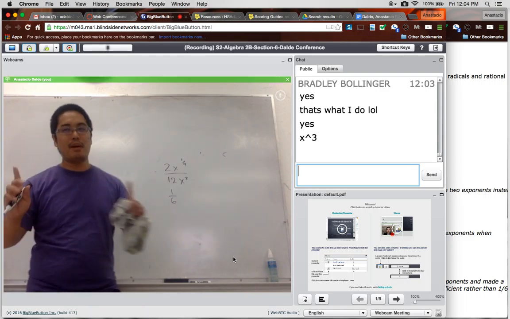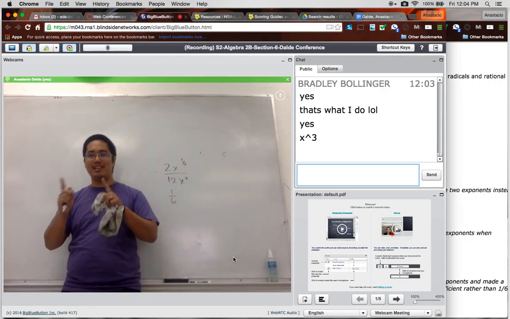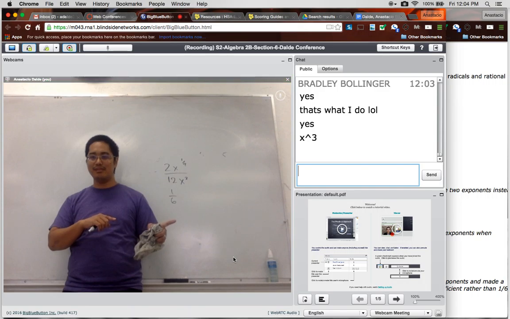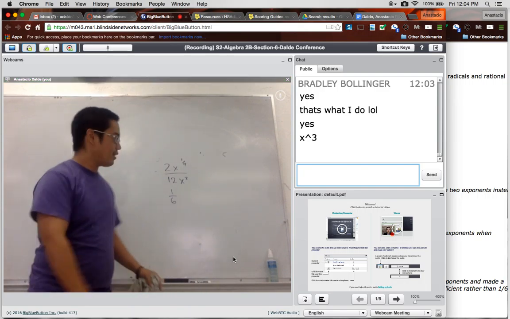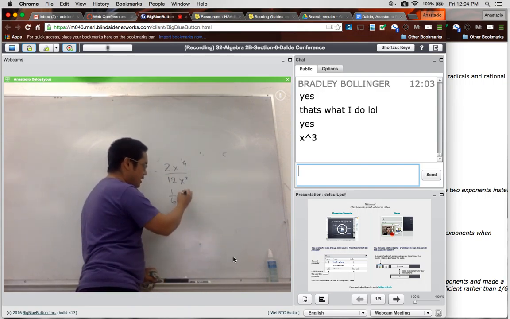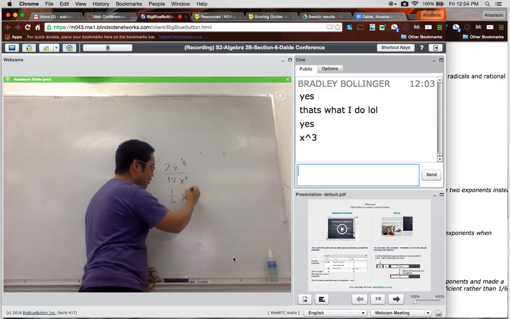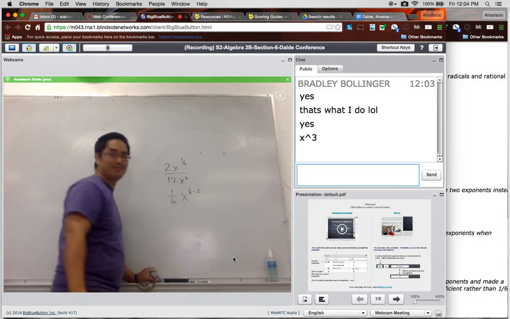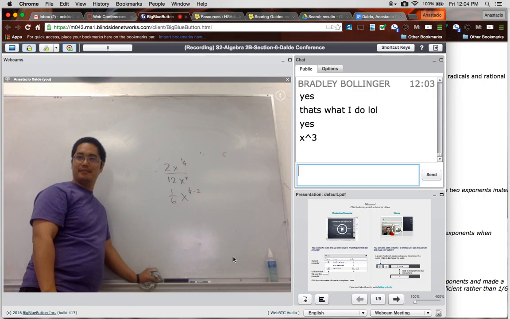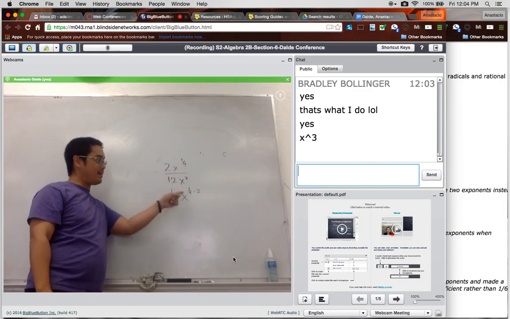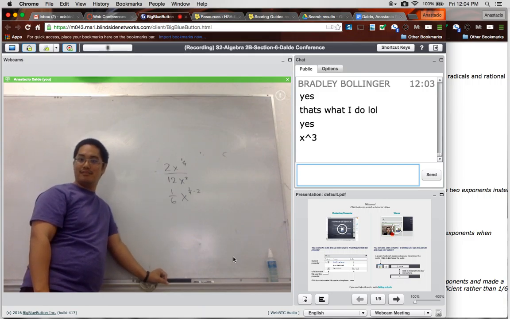So I can remember the rule if I have an easier example. All right, so how do we do this one? Well, that's just x to the 1/4 minus 2. I just take the exponent at the top and subtract the exponent on the bottom. What did you do at the top? When you divided it, you take 1x out.